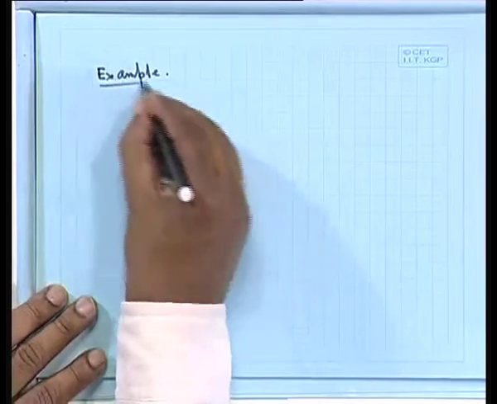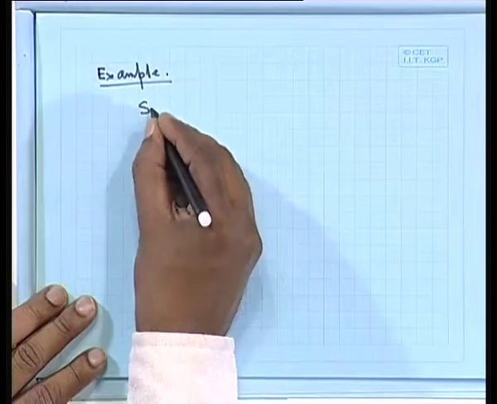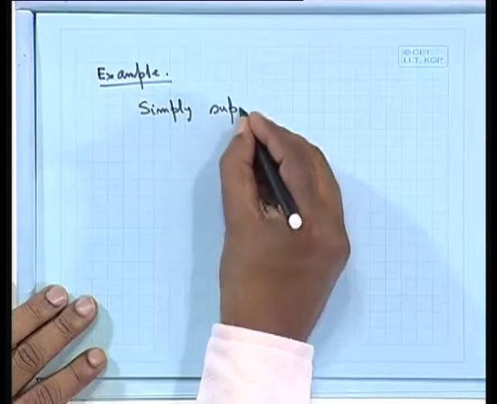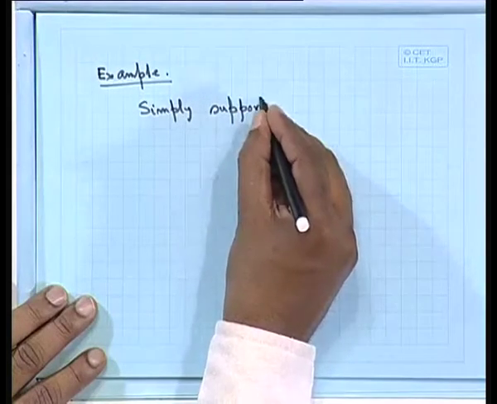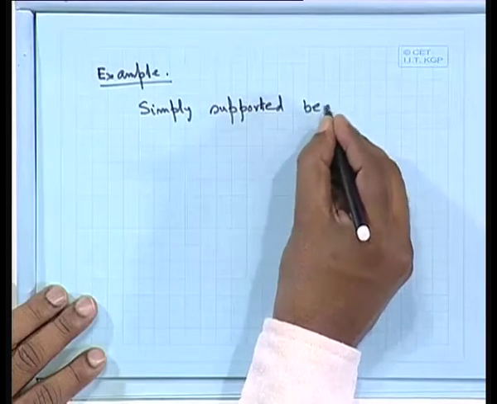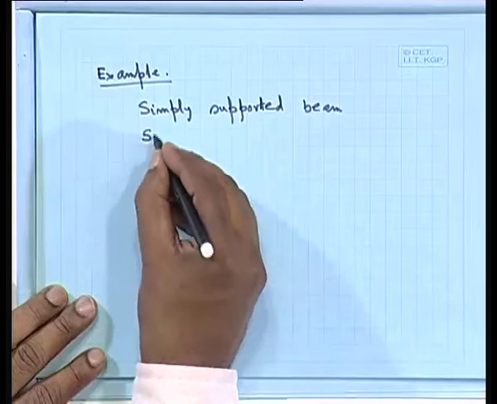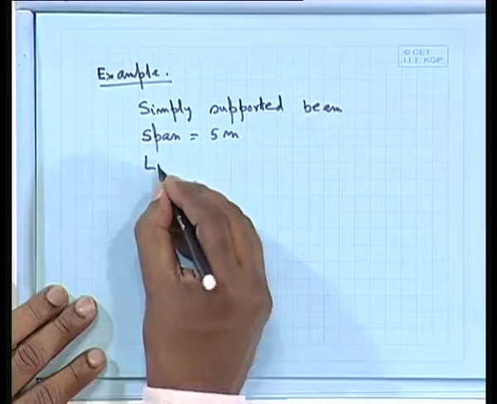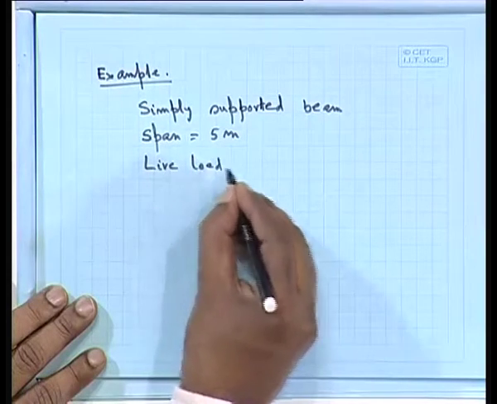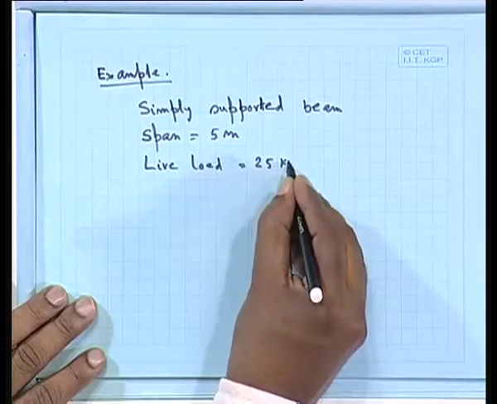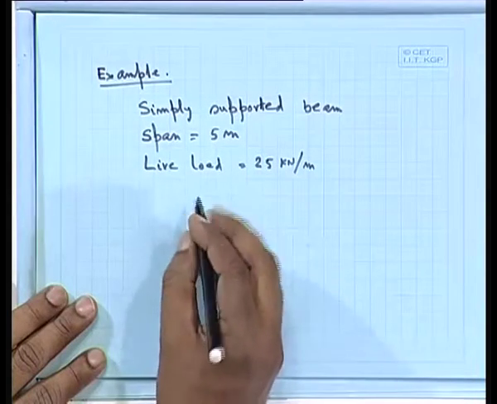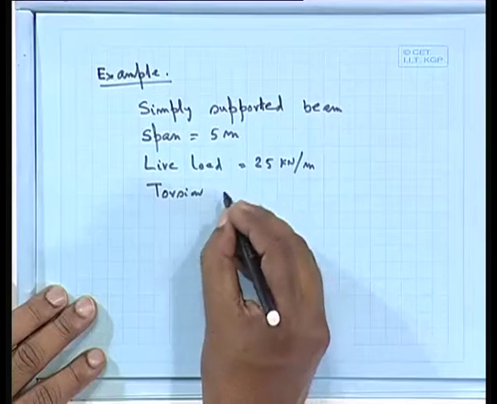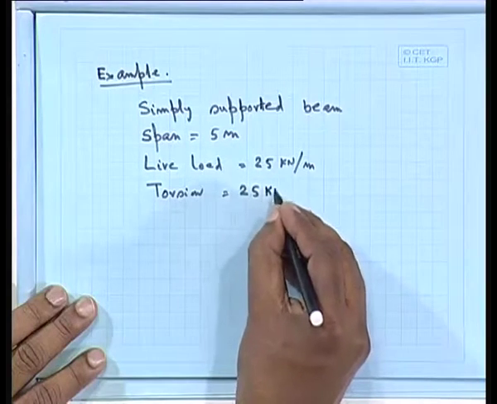Let us take a simply supported beam, span 5 meter, live load 25 kilonewton per meter, torsion 25 kilonewton meter.